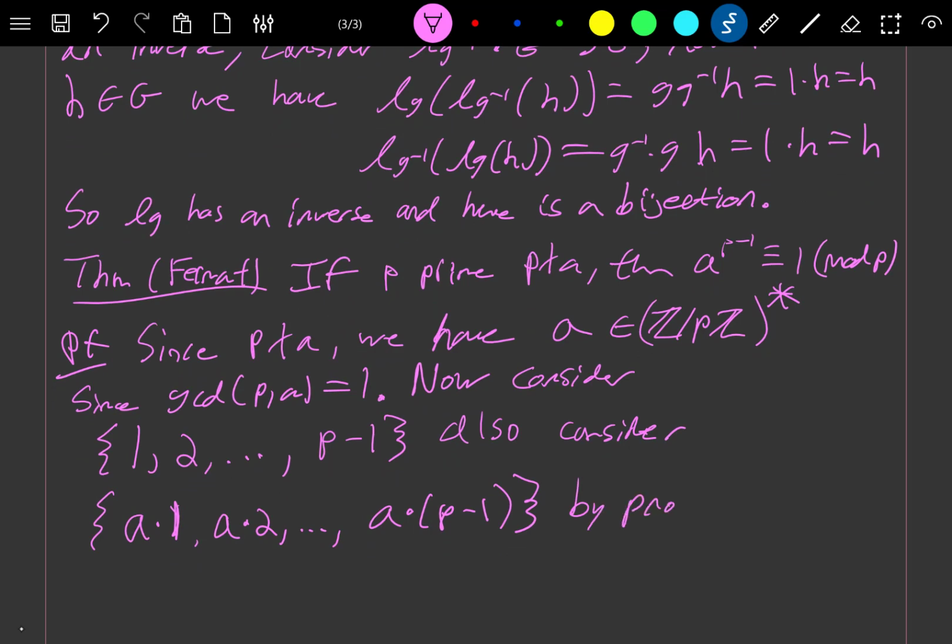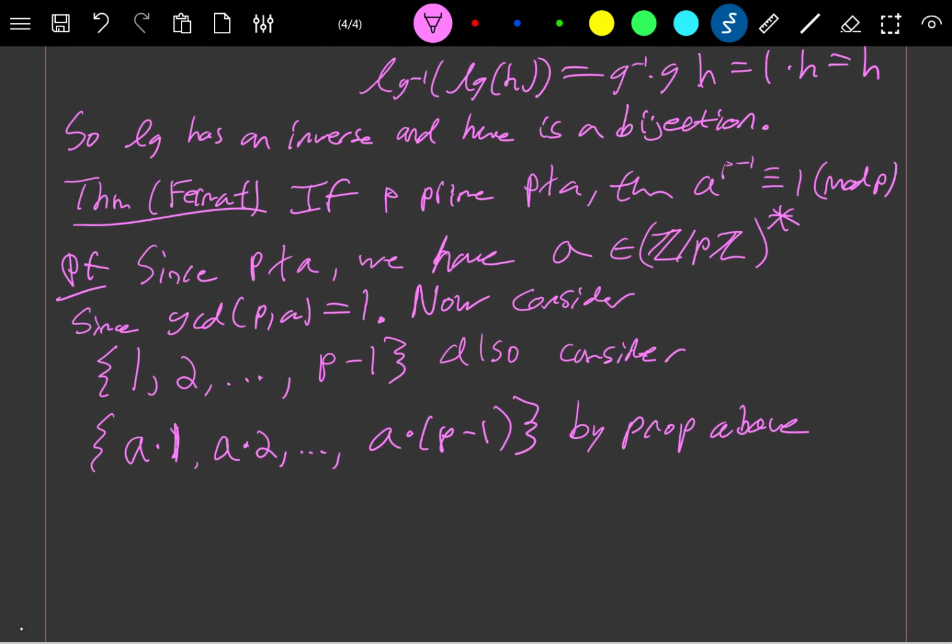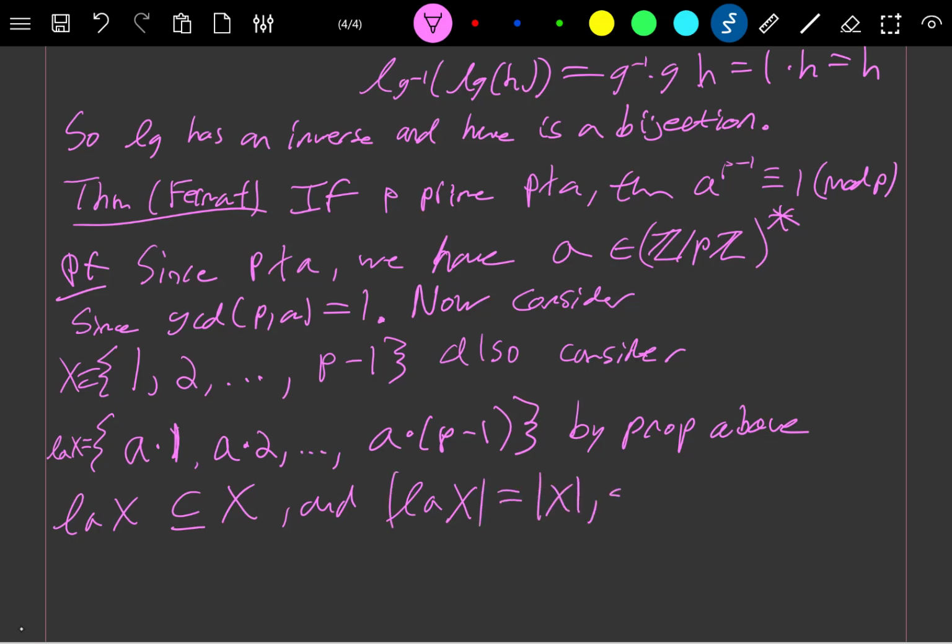So by the proposition above, if this is X, this is L sub a of X. So this is a bijection, and namely, they're the same set, because this is a subset of the group of units, and since it's a finite set, they're actually equal.